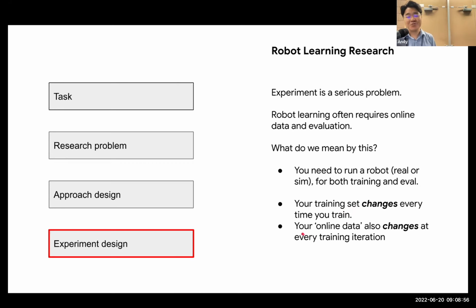Another thing is that since you are using online data, your data changes during the training. So as your robot is interacting with the environment in sim or real, you get new data, and that's what you're supposed to use for your supervised learning or reinforcement learning. And because it changes, there is a distribution shift during training. And there is also data distribution mismatch because this online data will differ between training and evaluation.